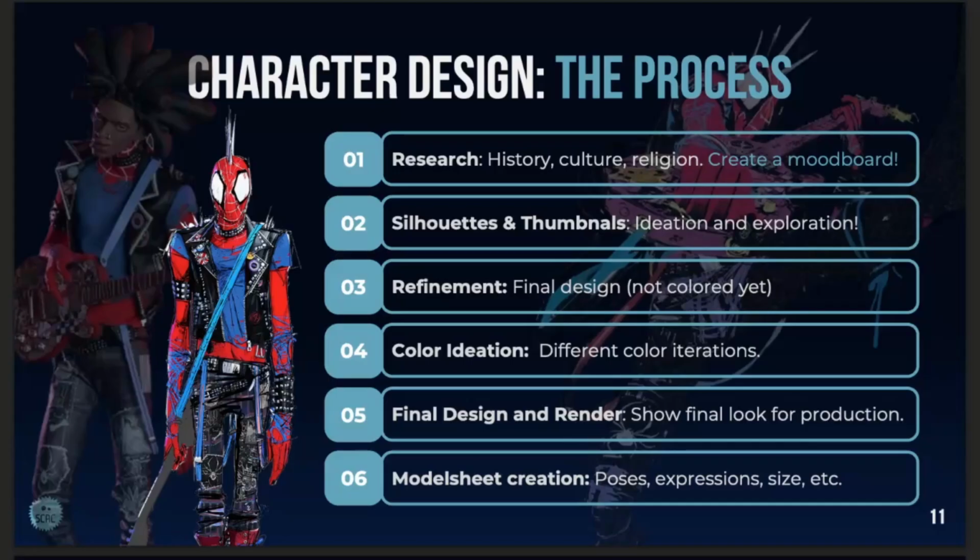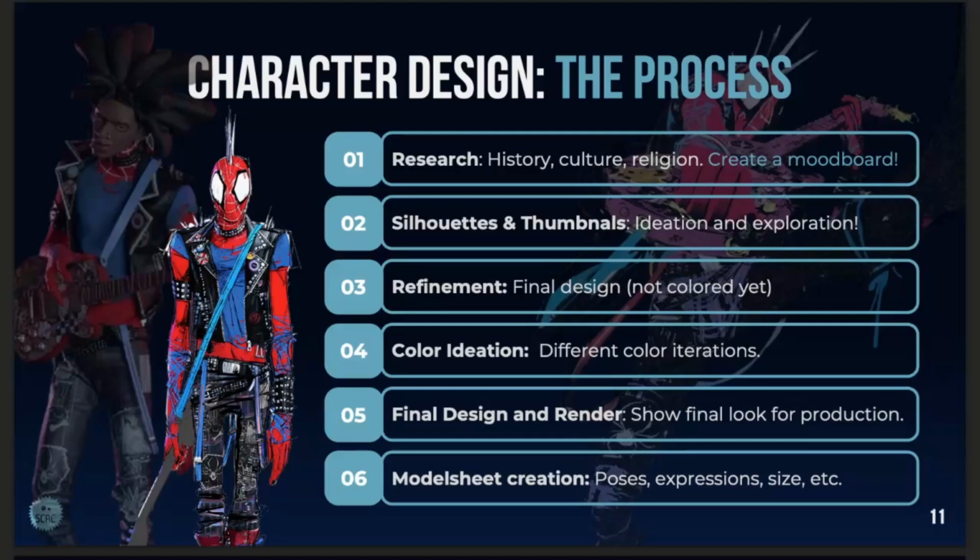However, I will say the more that you do it, the more that you know your own sort of pipeline, the more that you know which things are more comfortable for you, which things work, which things don't. It's just that when you customize your own process and your own character design pipeline, you need to remember that we have these processes and stages because you're working with an art director.